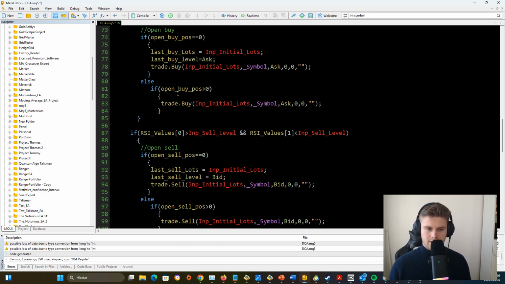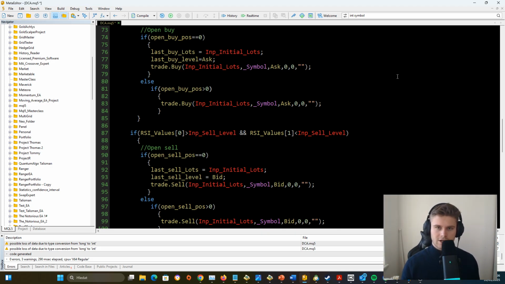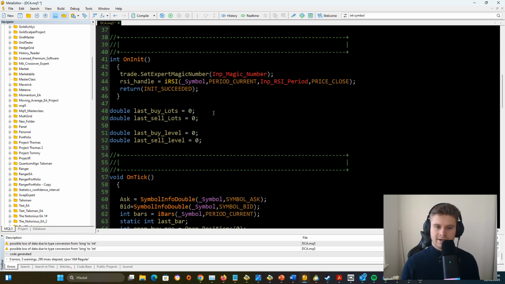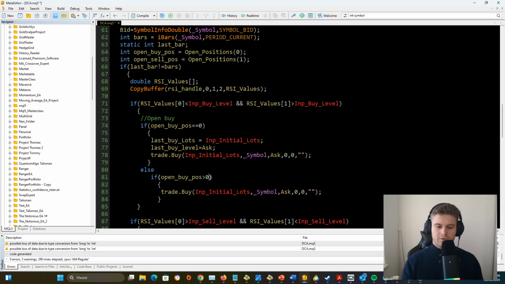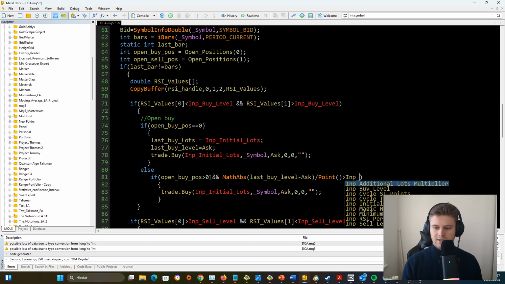So here in the else if statement for the additional position, we have to check the distance. That's why I implemented this input minimum distance points variable. So we have to say and math absolute last buy level minus ask divided by point is larger than input minimum distance points.